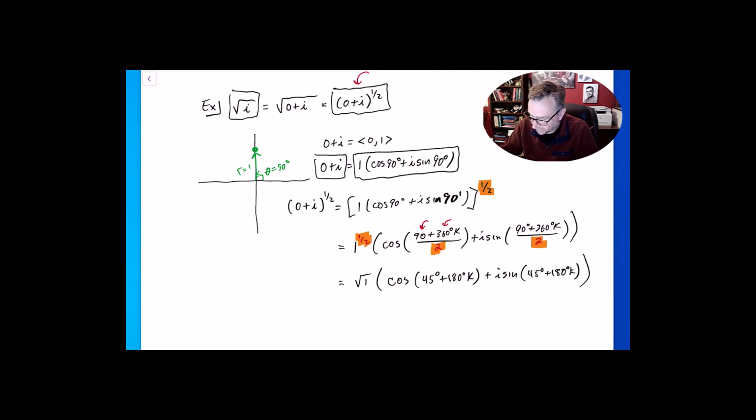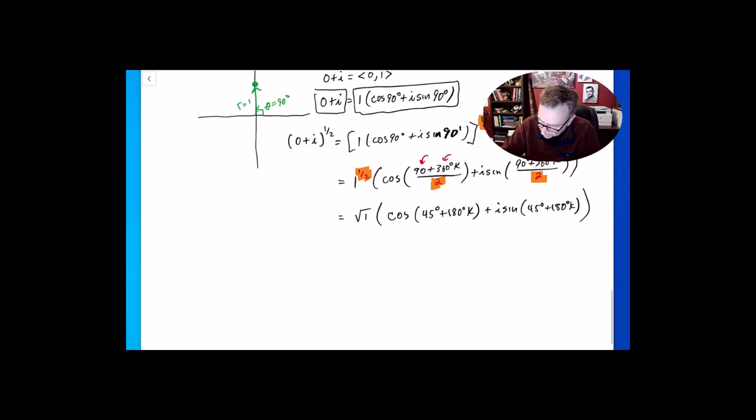All right, and then that equals 1 times cosine 45 degrees plus 180 degrees k. You got to be a little careful with these, they take some time. i sine of 45 degrees plus 180 degrees k.